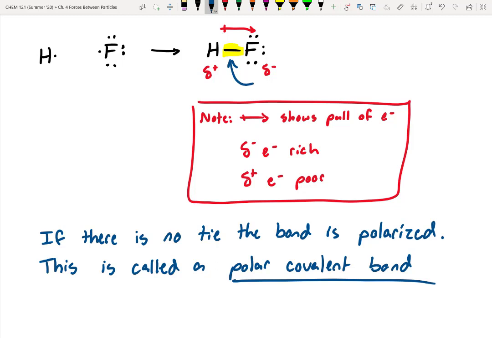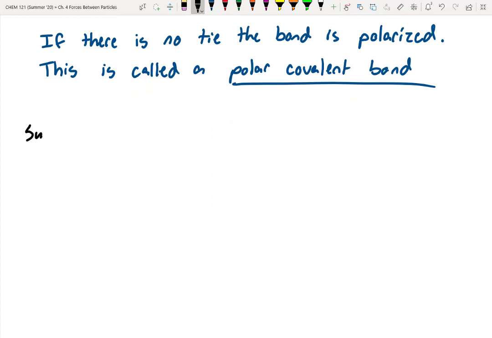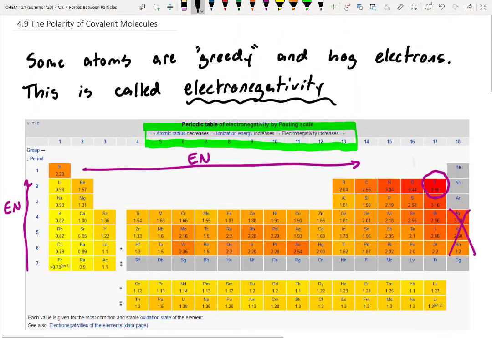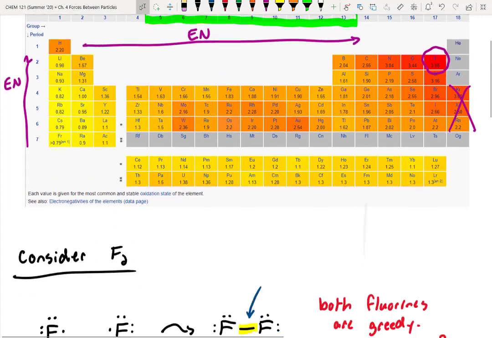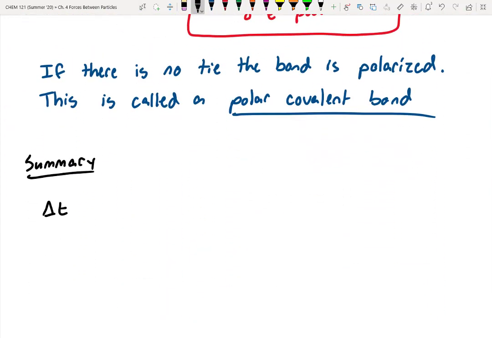So not too bad. So let's kind of summarize this. And what this delta symbol means is the difference. So if we go back up to this table and we subtract these two values, we're looking at the difference, right? Which would be a delta. So if the difference in electronegativity between two atoms is 0, then this is called a nonpolar covalent bond.